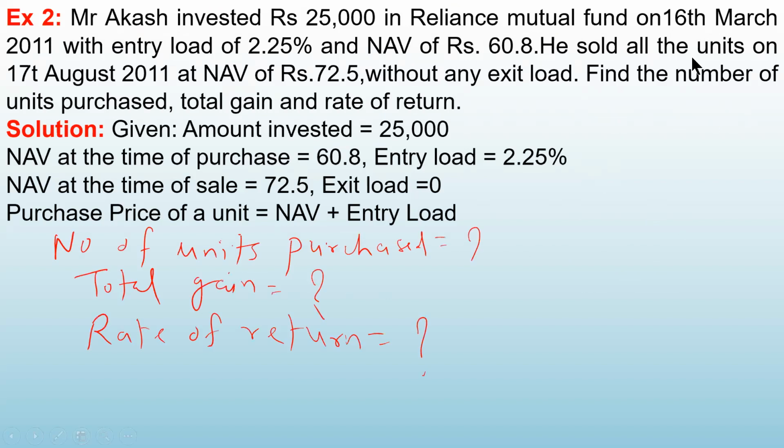Selling price of a unit. How do you calculate the selling price? It is NAV minus exit load. What is the NAV when he sold the units? Read the question. He sold the units on 17th August when NAV was 72.5 and exit load is 0.